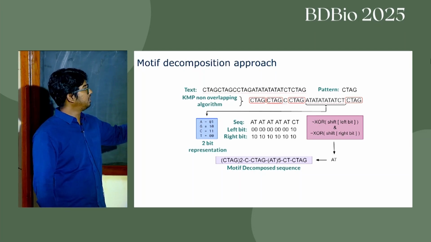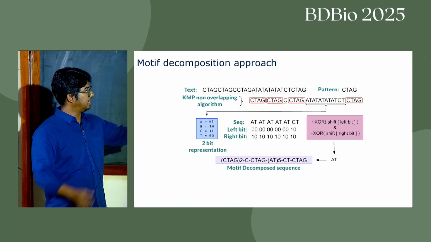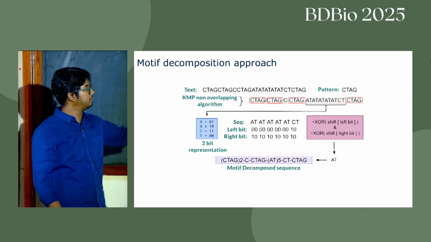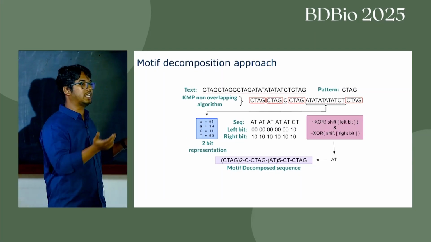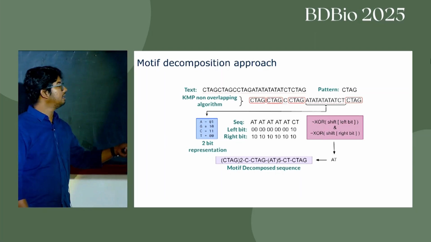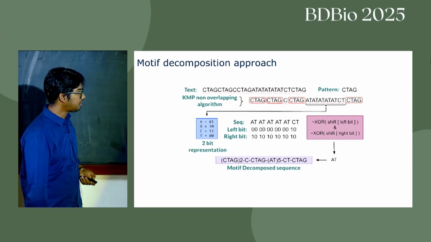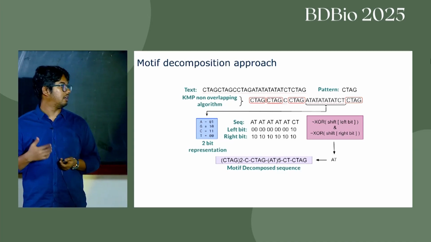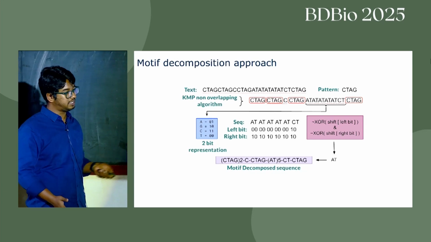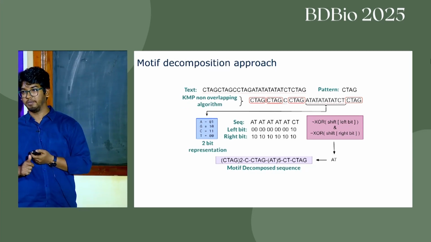And for that, we have some idea of what motif it is going to be. So we first try to use a KMP algorithm to see if that motif is present. And in most cases, that is sufficient because it is matching. But wherever it is not matching, we use an approach called ReBit, which we have also worked with in a different scenario, which uses bit sets to self-align these sequences and identify if there is any repeat coming up.